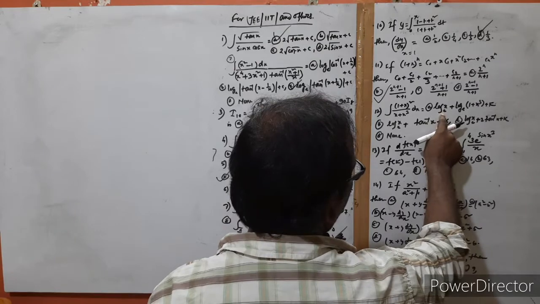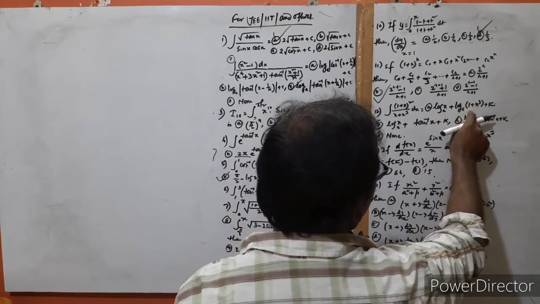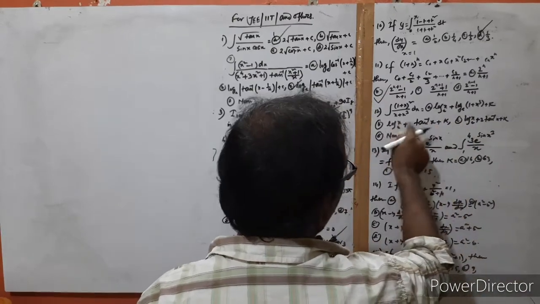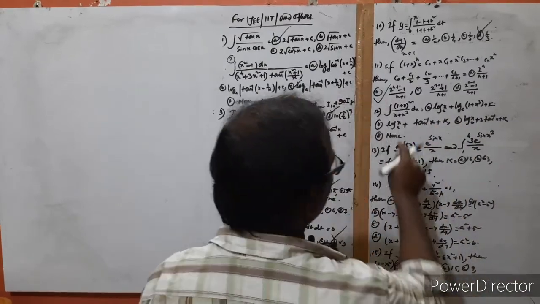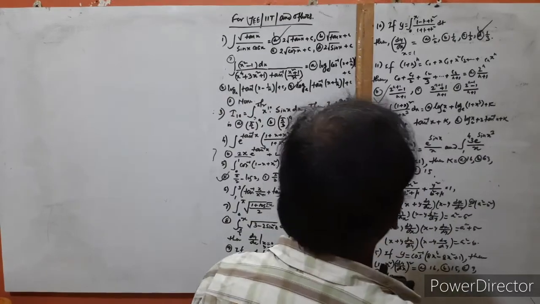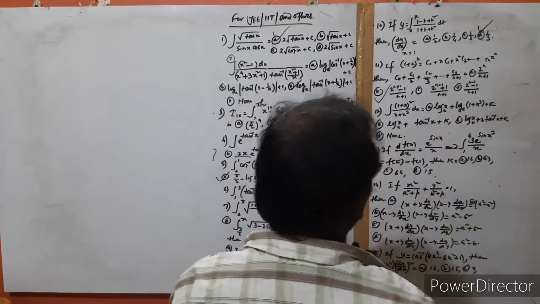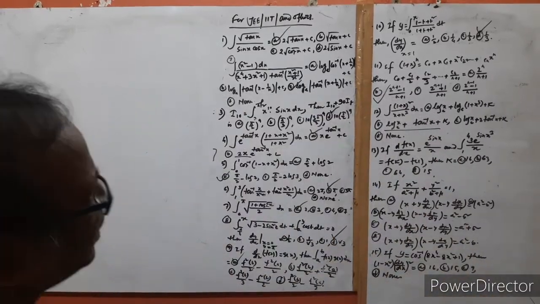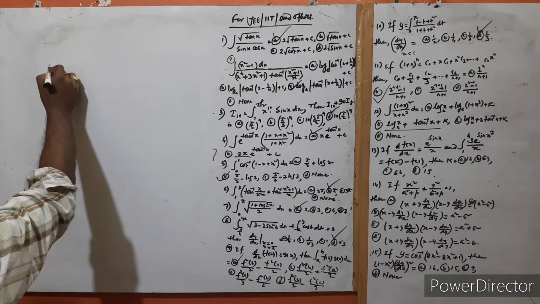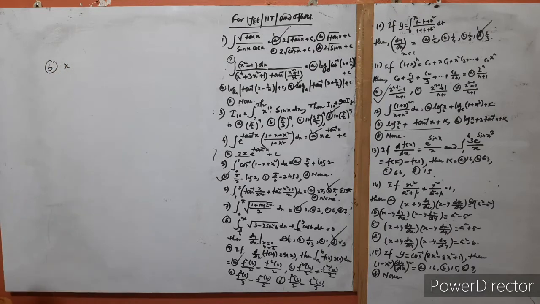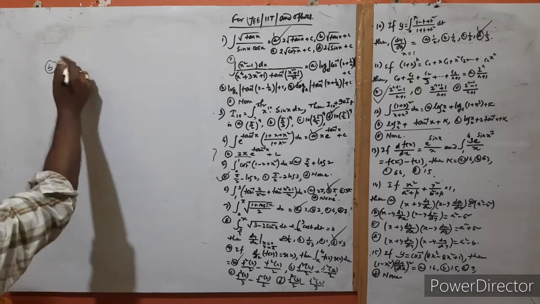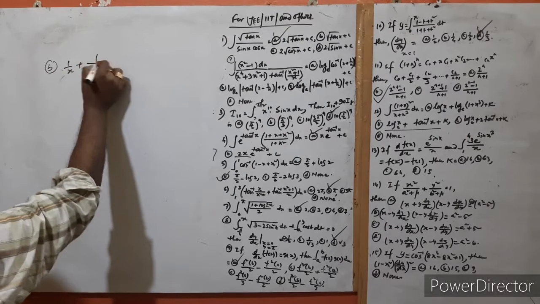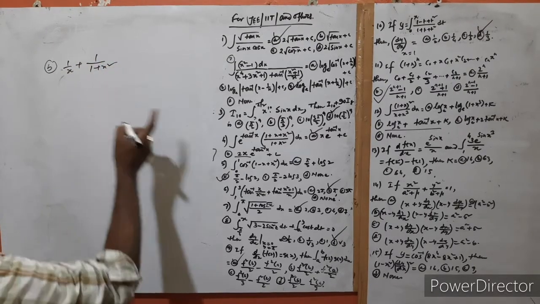If we differentiate option A, we get here 1 by x and 3 x square by 1 plus x cube, but if we take the LCM, then we get x into 1 plus x cube, which is absent here, so not possible from option A. If we differentiate B, we get the derivative of log x, which is 1 by x, and the derivative of tan inverse x, which is 1 by 1 plus x square, and the derivative of k is 0.